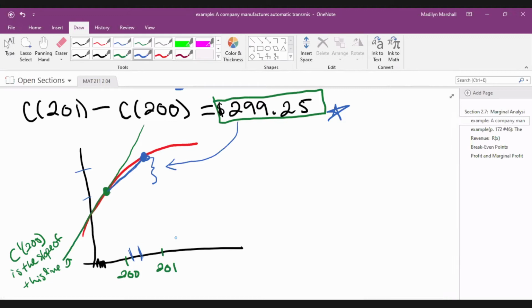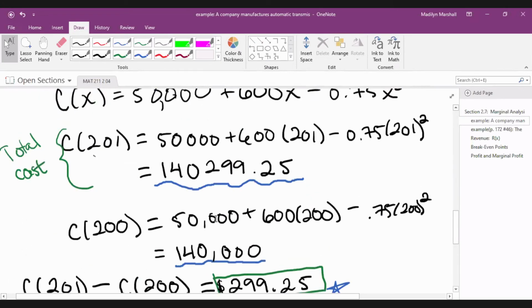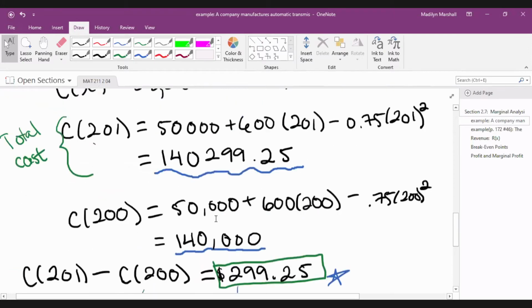We are always going to be using the marginal cost function in this class. Pretty much, there might be a couple of homework problems where you need to find the exact change to compare them. But after this initial introduction to marginal analysis, you won't have to worry about this exact cost and the difference.